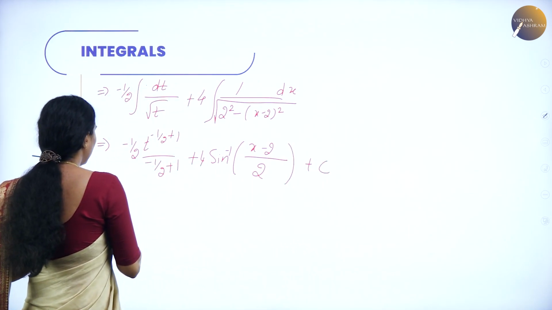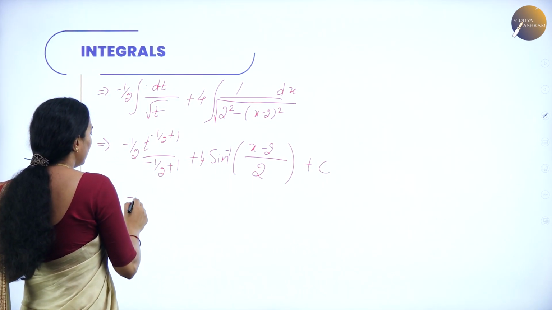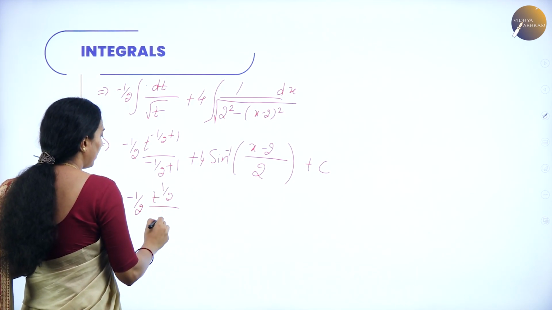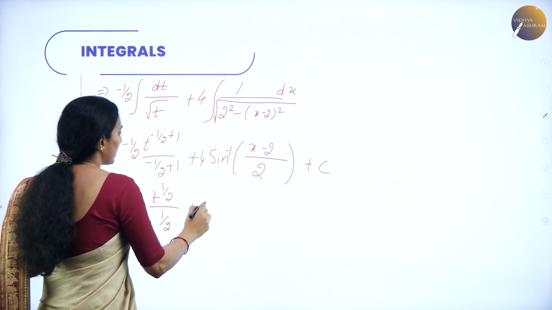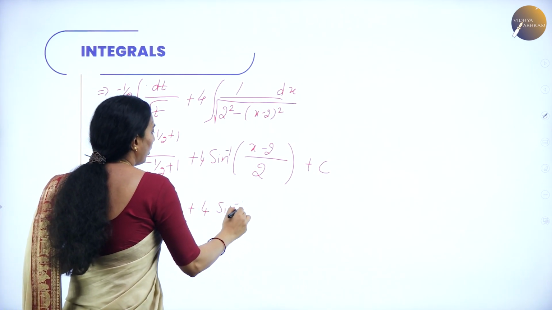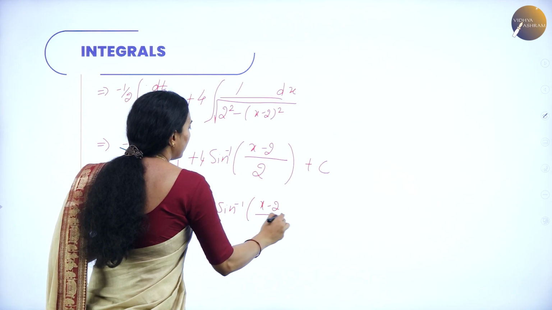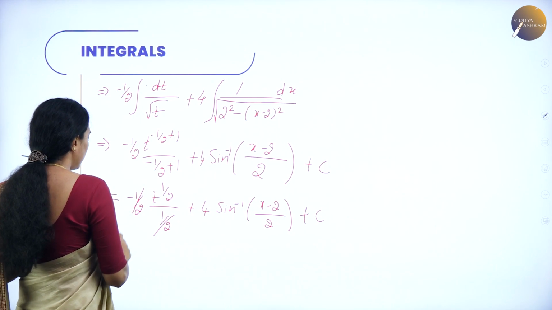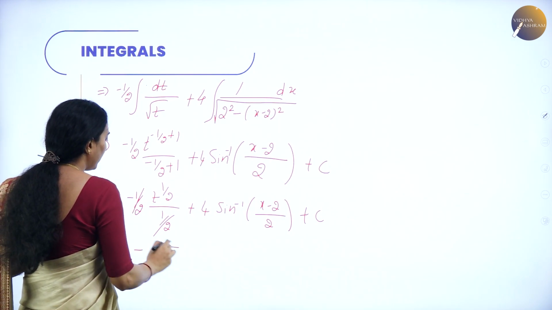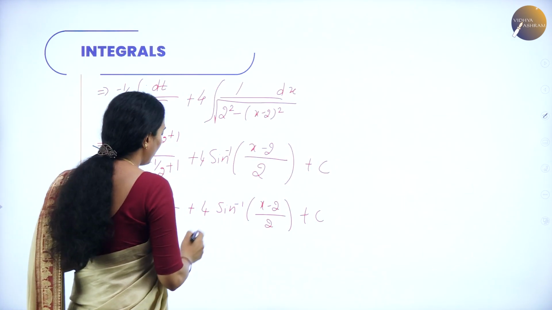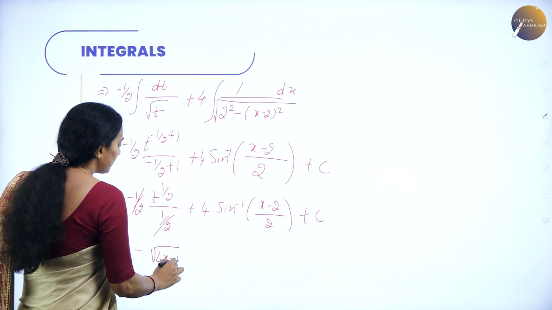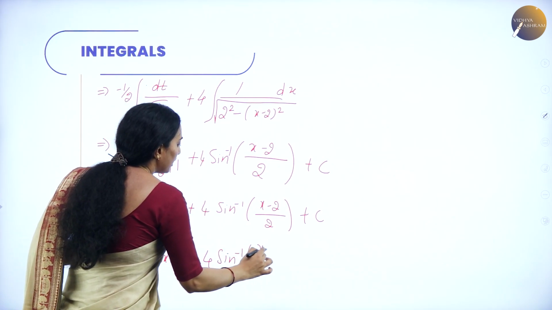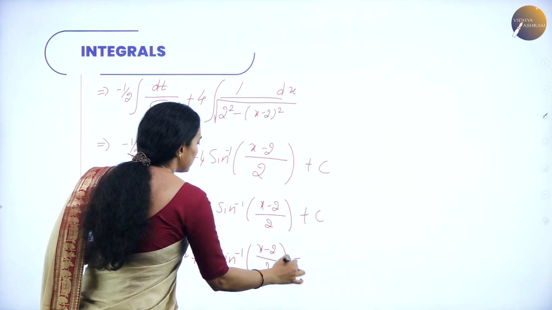Now you are getting the answer, which is minus half times t to the power of half divided by half. Now half will get cancelled, plus 4 sine inverse of x minus 2 divided by 2 plus c. Negative will be there, negative of root t. T we have substituted as 4x minus x squared, so it is negative of root of 4x minus x squared plus 4 into sine inverse of x minus 2 divided by 2 plus c.